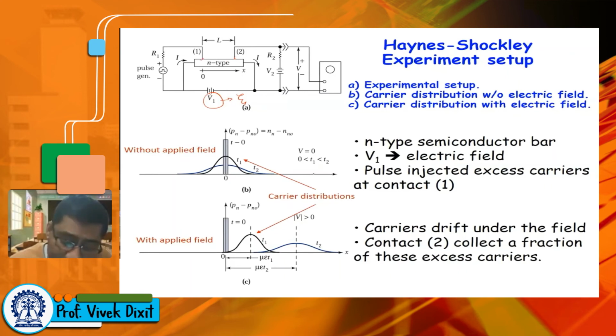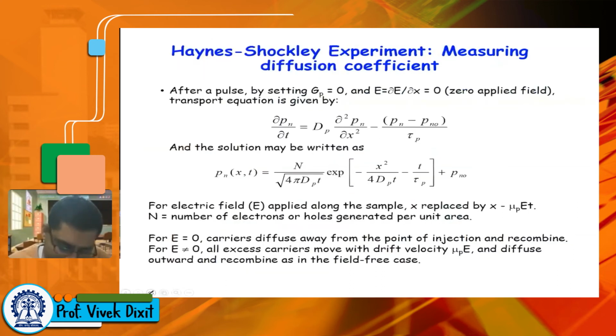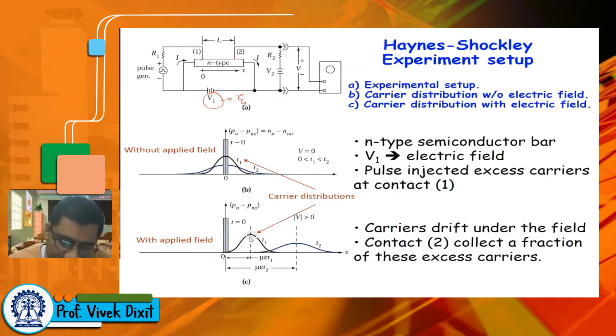Now, as we have discussed in the previous slide, it is mu e times t1. So in t1 time, these carriers will move a distance of drift velocity times t1, right? So at t1 the peak will be here, at mu e times t1.